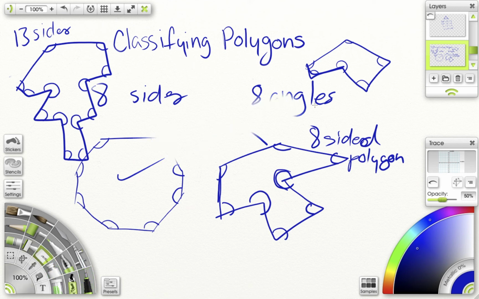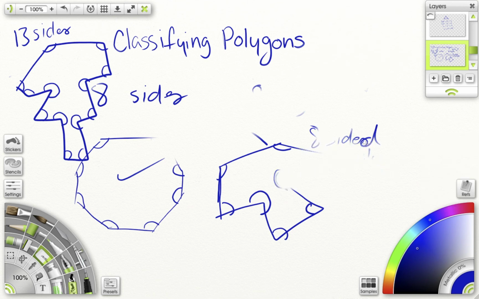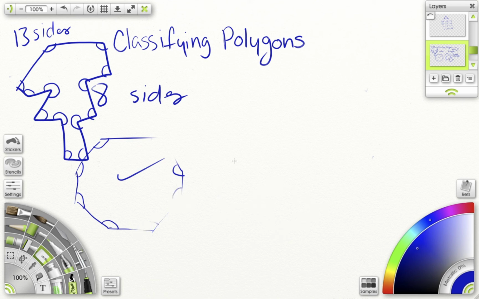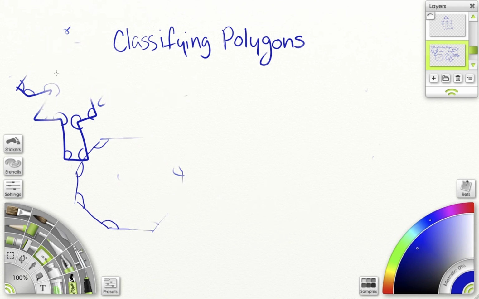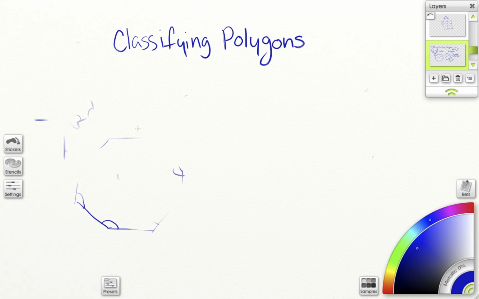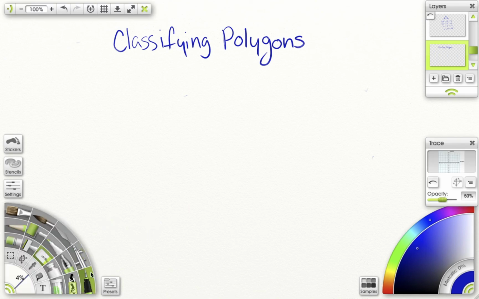So as a simpler example than what I've drawn over here, let's do one more. We're going to draw a shape that's going to have 6 sides and it needs to have 6 angles.